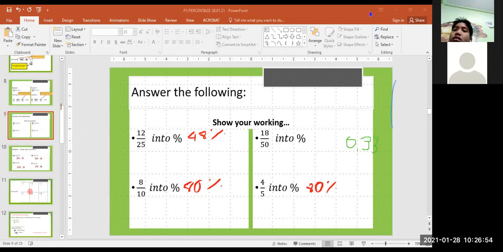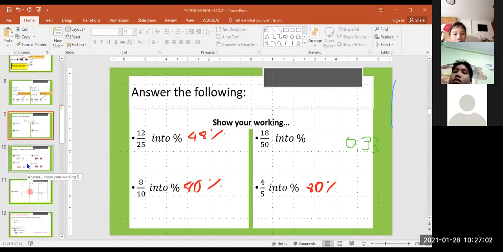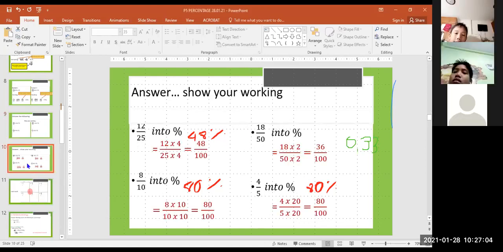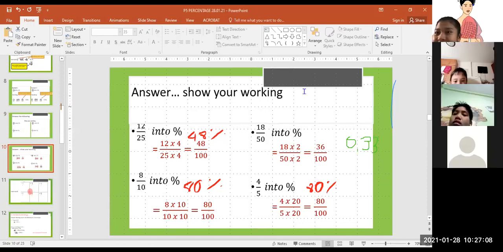We'll see. So does everybody get the 36, the correct answer? Okay, let's see. So that's the answer.